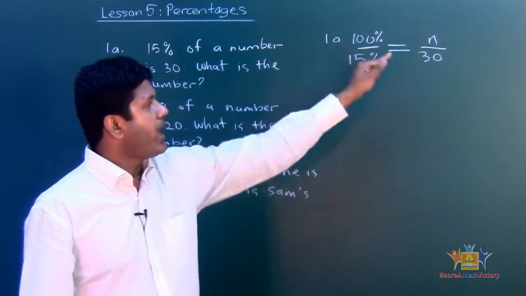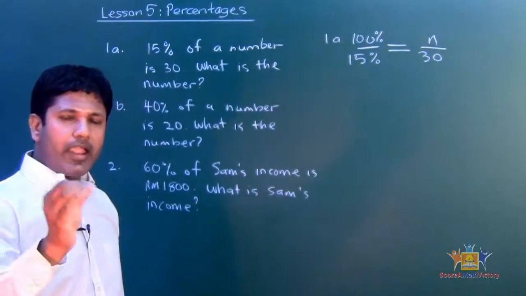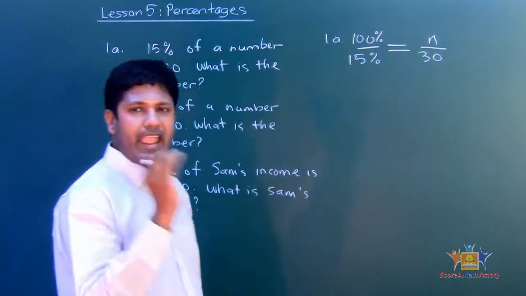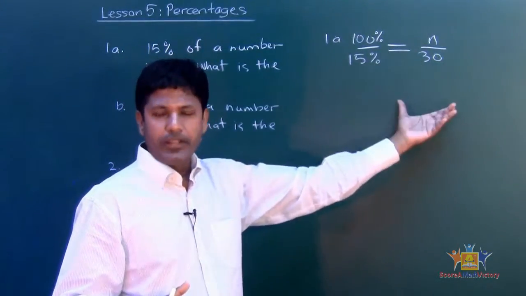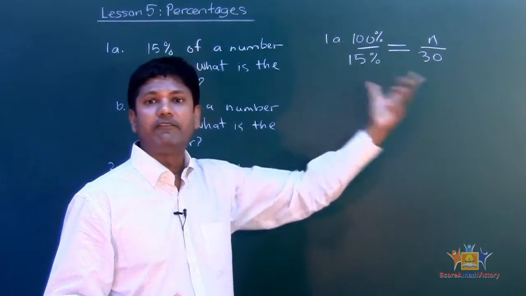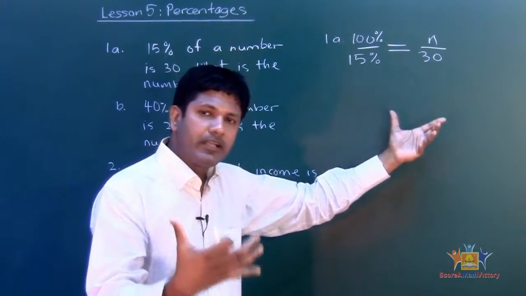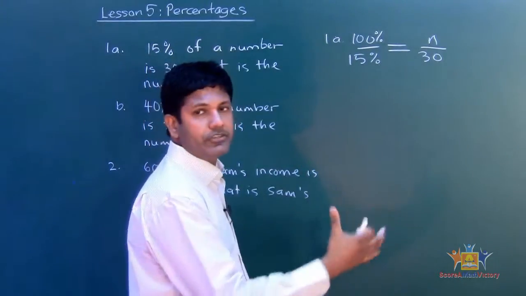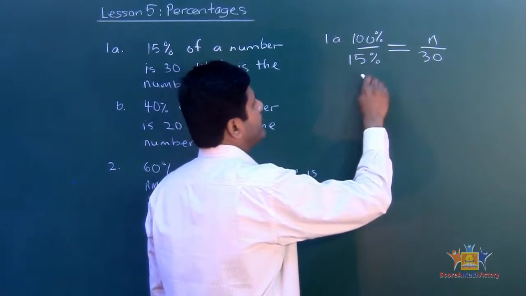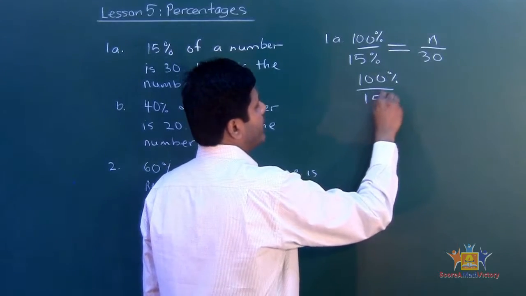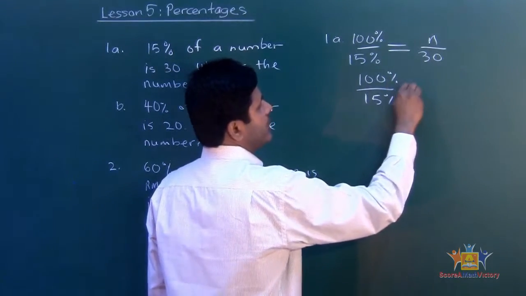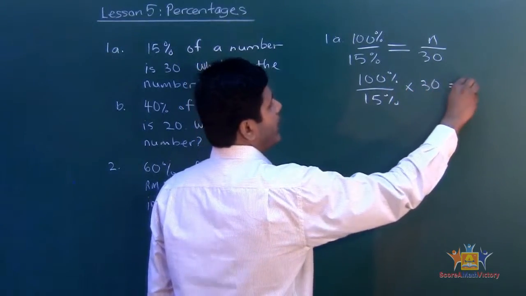So we're looking for n. In order for me to look for n, I will need to isolate n. So who's got to go? 30. And what's 30 doing towards n? It's dividing. Cross the bridge, division becomes multiplication. So I'm going to rewrite 100% over 15% times 30, which is n.